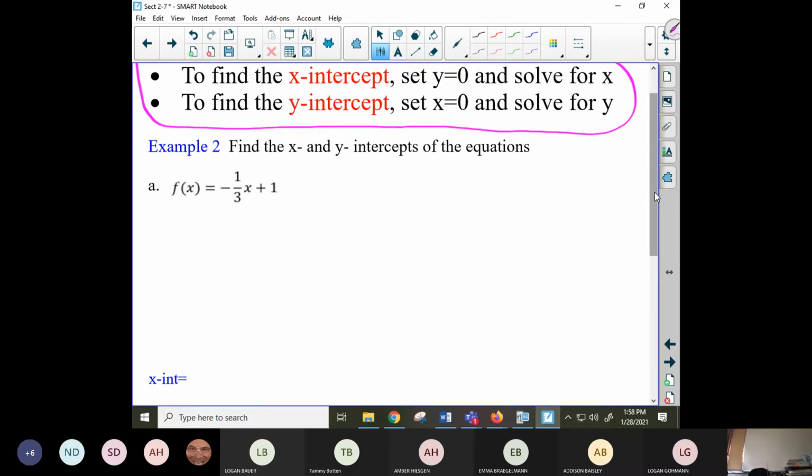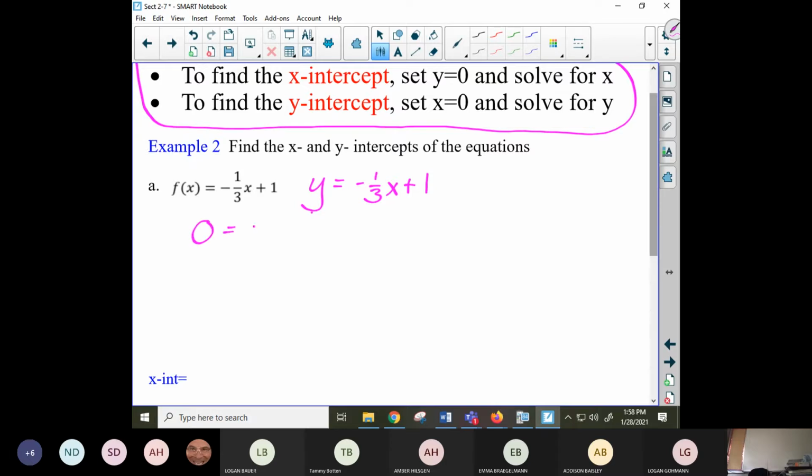If we look at this first one, say I want to find the x-intercept first. One thing we have to know today is that y and f of x are the same thing. So you can think of this as y equals -1/3 x plus 1. Y and f of x are the same. If we're looking for the x-intercept, we put 0 in for y and solve for x.